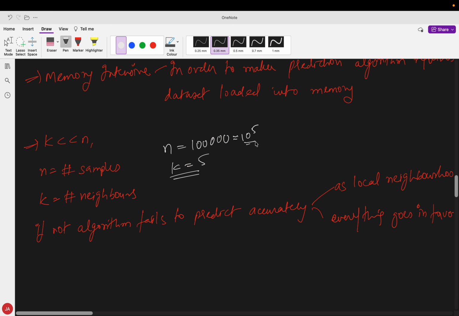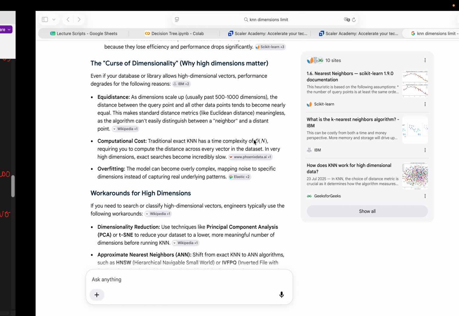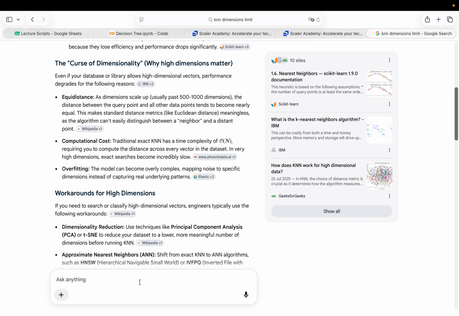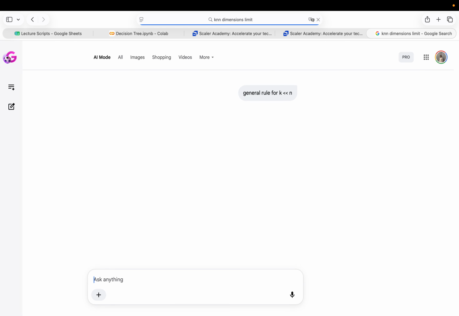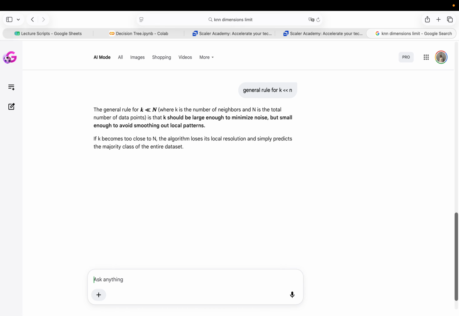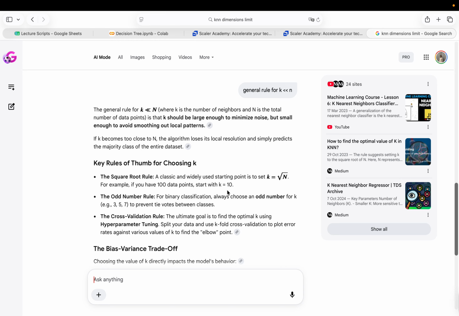There is no general rule for this, but for k less than n, a general rule of thumb is that k should be the square root of n.